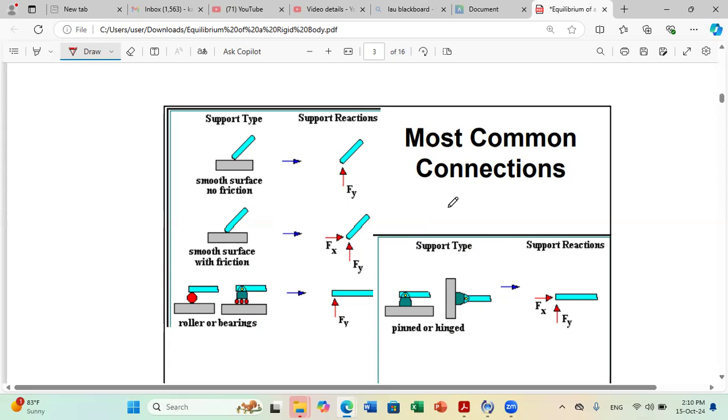Okay. Look, if you consider a small cart and it has wheels like this, and you are putting it on the ground. If you put on it a force horizontally, it will move, yes or no? Yes.